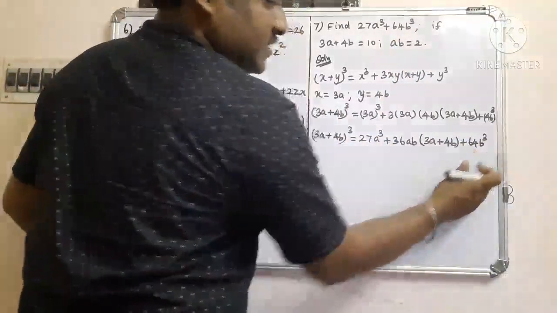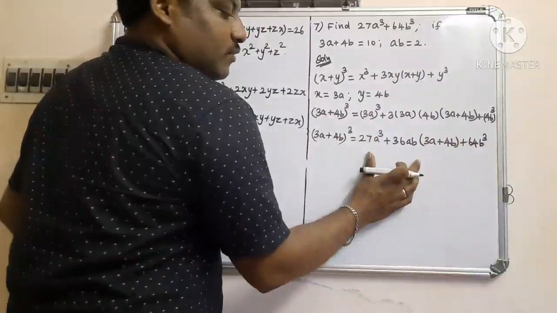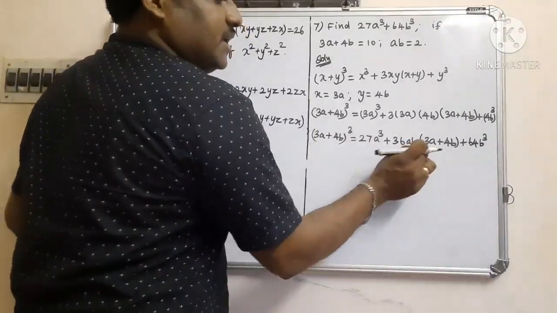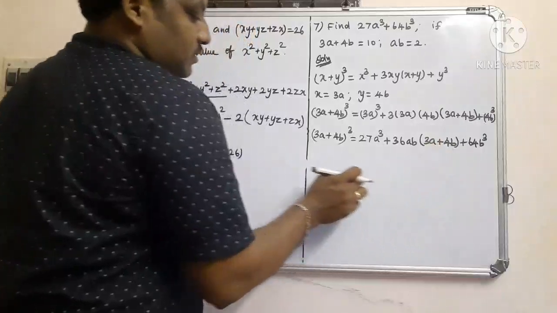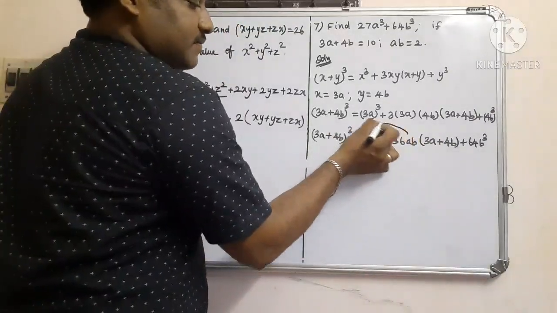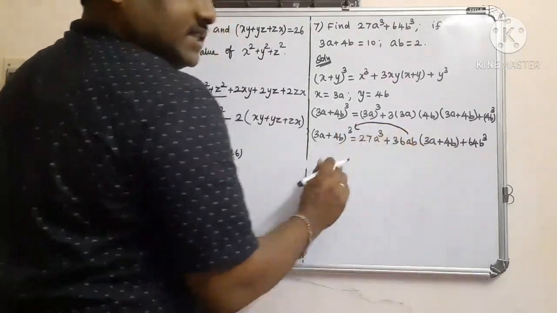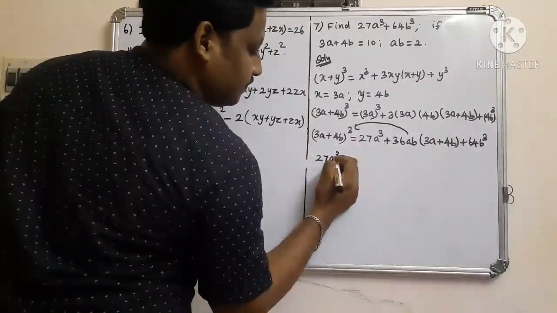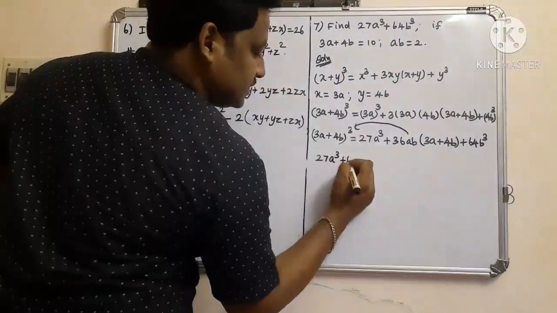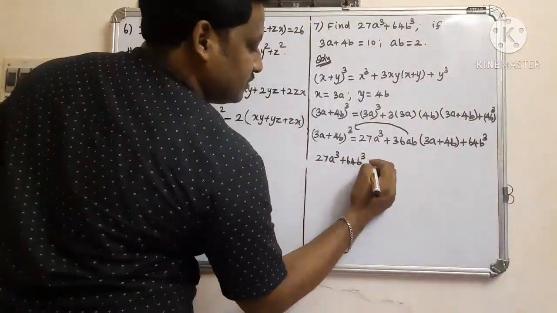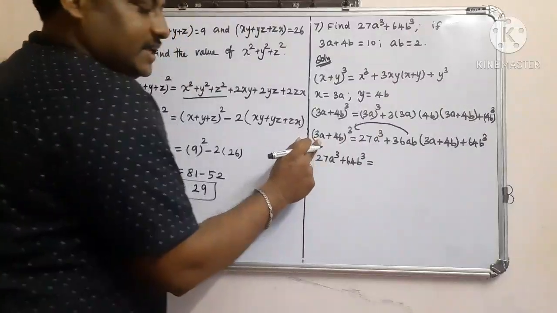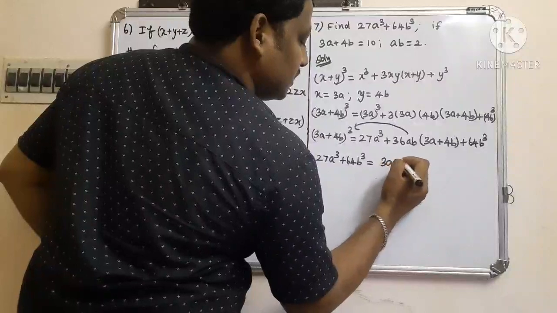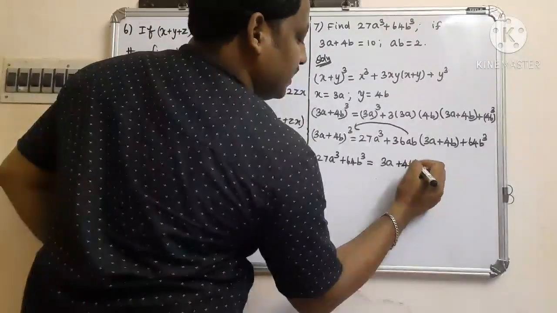So now we have to find the value of 27a cube plus 64b cube only. So 27a cube plus 64b cube alone we have to separate here, and plus 36ab into 3a plus 4b should be shifted over to the next side. So plus will change into minus. So 27a cube plus 64b cube alone is there, equal to 3a plus 4b the whole cube, which is already there, minus 36ab into 3a plus 4b.